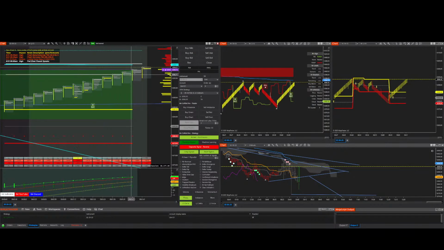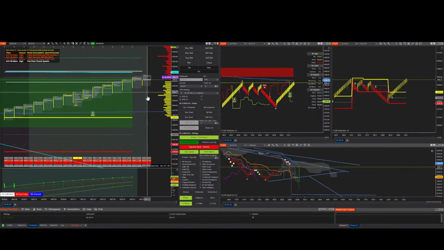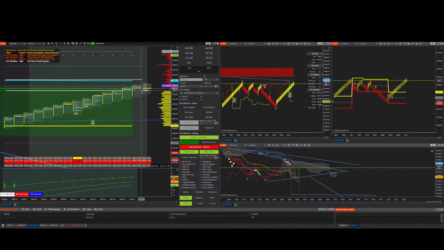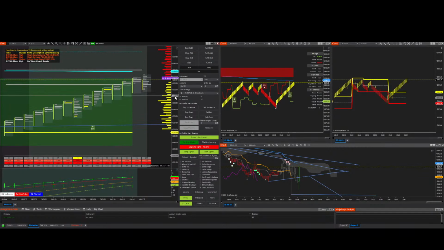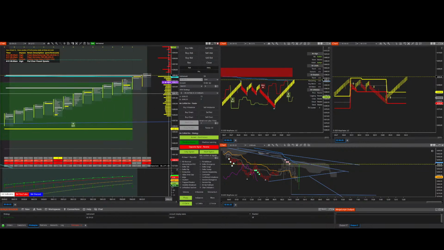Now, it looks like it's going to push through this one. It's moving pretty heavy there. But we did notice it's slowing down. Yeah, there we go. So our eyes on VWAP on this area right here.